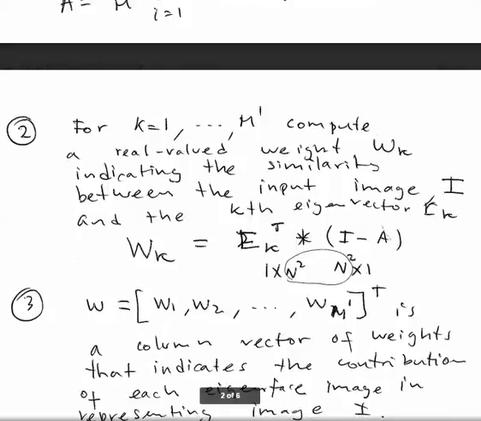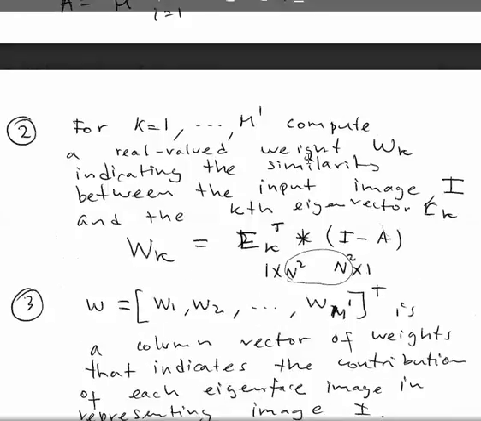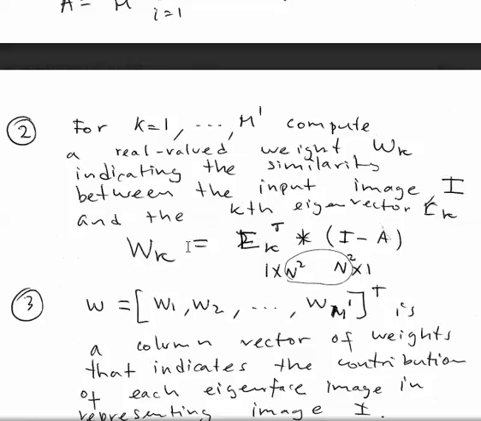Then what we do, you see here, is compute the weight, which is some type of similarity with respect to the average. Look at this expression: the input image that we're comparing, minus the average, multiplied by the k-th eigenvector, and then we get a weight.